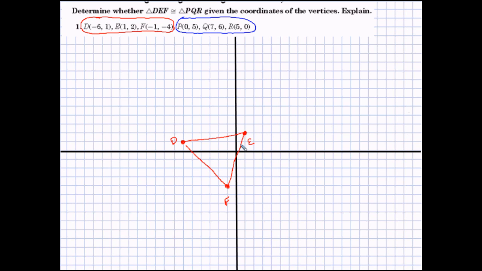Okay, and then P is at 0, 5, 7, 6 is Q. So that's P, that's Q, and then R is 5, 0.